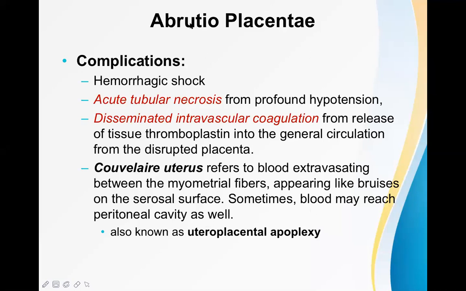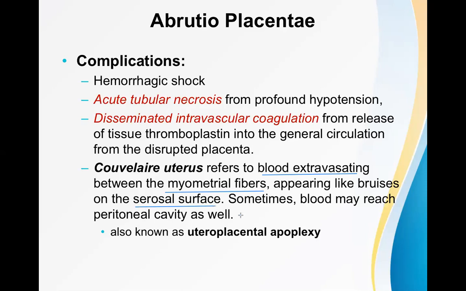So let me explain this in an easy way. See here, what is happening? Abruptio placentae means there is a collection of blood clot behind the placenta, meaning in between the placenta and the uterine wall. If that blood is under a lot of pressure, that blood can extravasate between the myometrial fibers, meaning it is going inside the wall of the uterus, okay, and it may even reach the serosal surface.